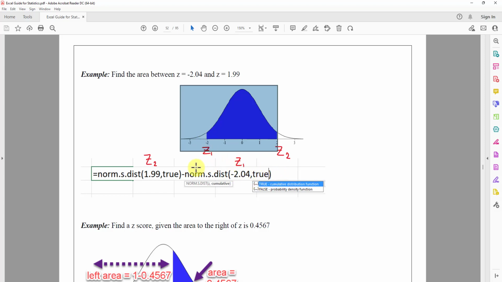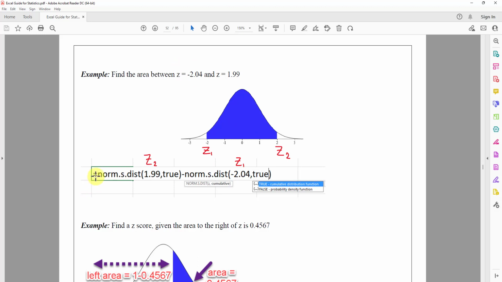The second function gives me this small area on the left side of Z1, which is negative 2.04. So the entire area below Z2 minus the left area of Z1 will give me the blue region, the one in the middle. And that is how we find the area between two Z values.